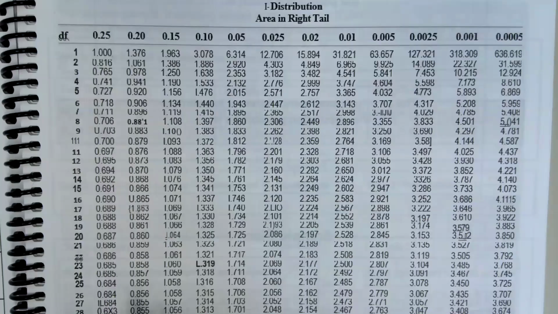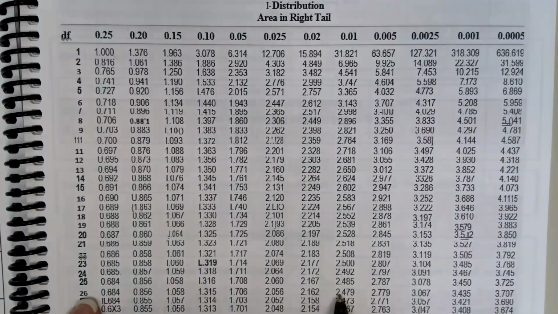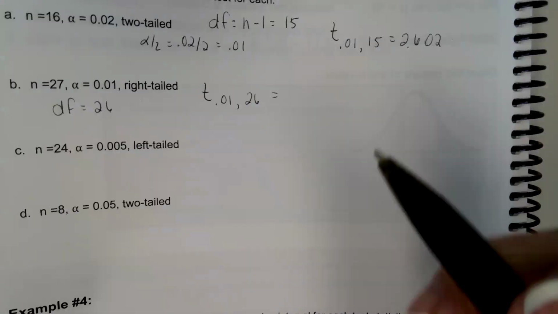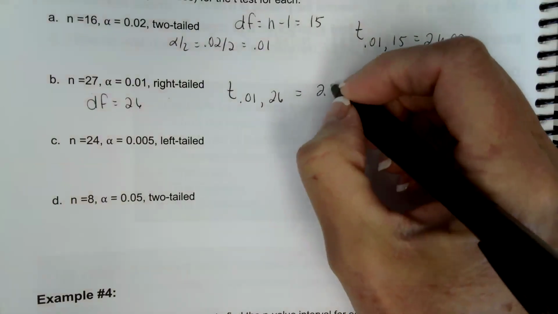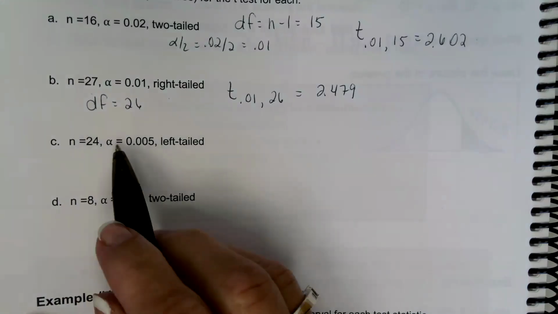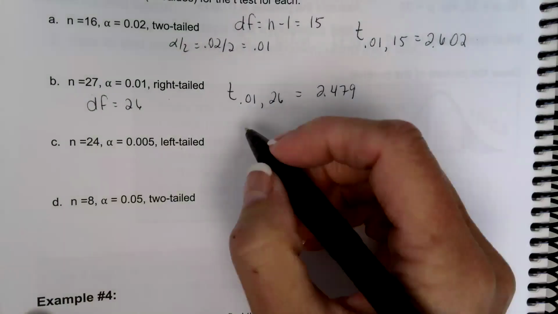All the way down here, 26, all the way over to 0.01 right here, 2.479.